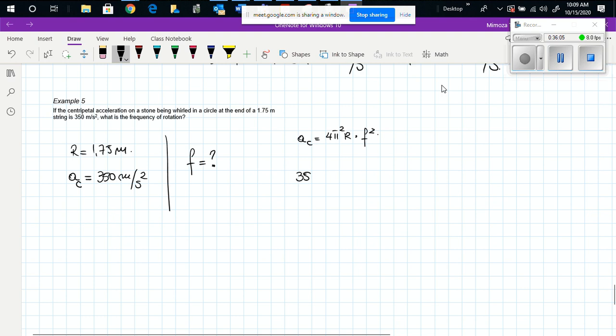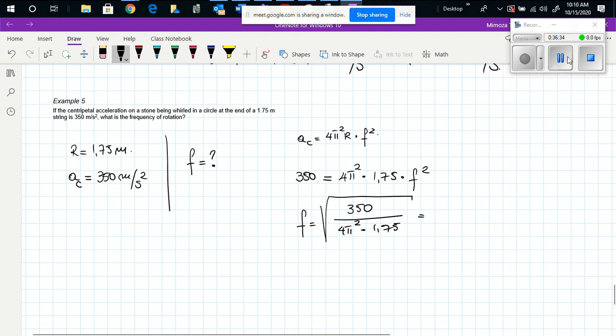So in this case, the centripetal acceleration is 350. 4 and pi squared are constants, and the radius is 1.75 times f squared, which gives us f as the square root of 350 over 4 pi squared times 1.75. Using your calculator, tell me what is the value of the frequency.